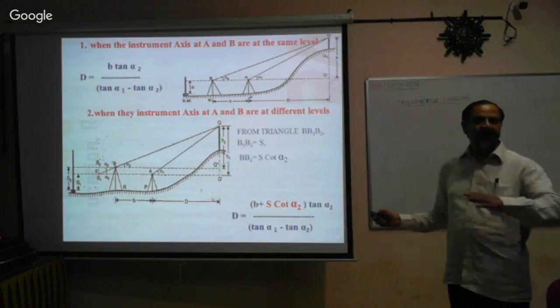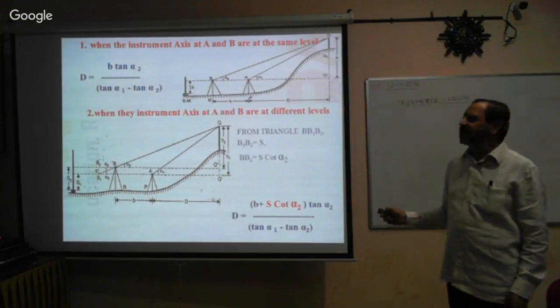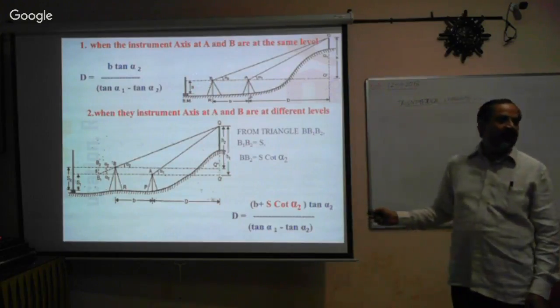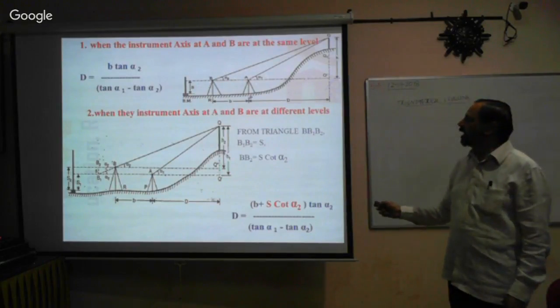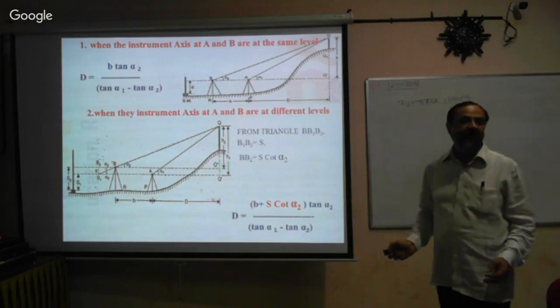So this is the one case, and in this case, in both the instrument station setups, the line of sight is the same. But in practice, it is a little difficult to achieve this. Making the line of sight the same in both the instrument stations, that means reading the staff reading from both the stations, is a little bit difficult to do.